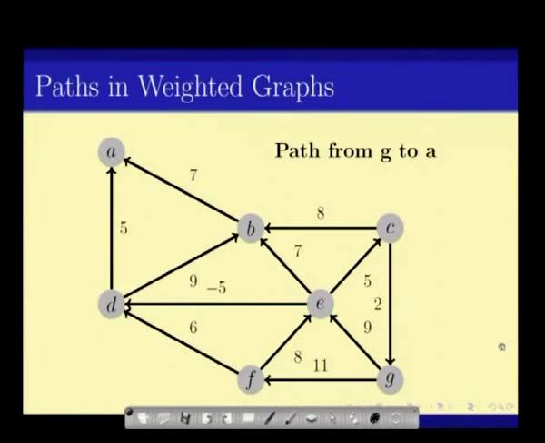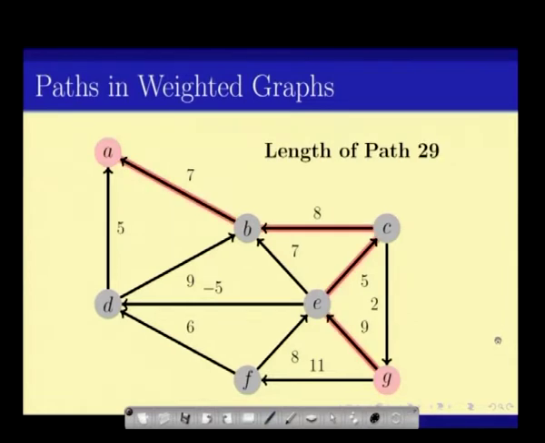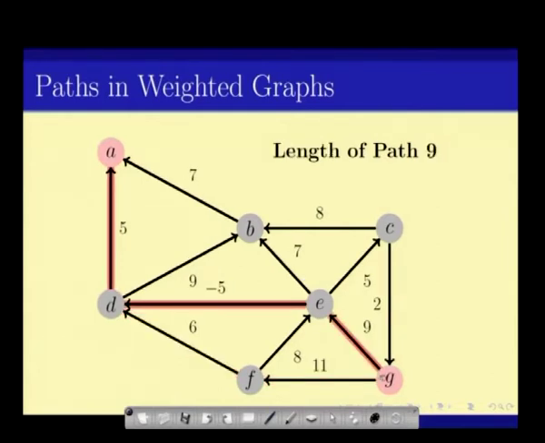Of course, now when we have a negative number, the distances can change. For example, again we have this path from G to A, which is of length 29. We can have a new path from G to A of length 23. We can have another path of length 22, but now we can have this path, which is 9 minus 5 plus 5, so the sum of it comes to 9. So, negative weights are possible, and in that respect we have to define the path weights accordingly.